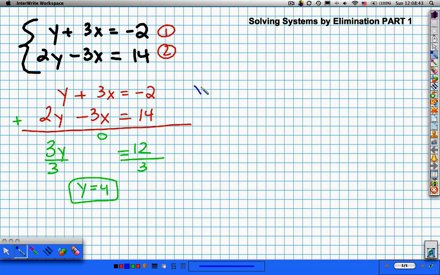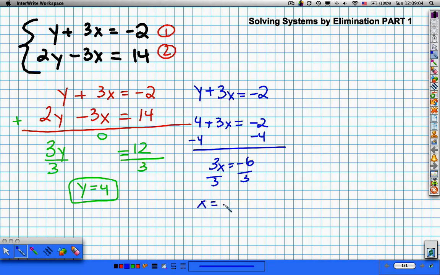So we have y plus 3x equals negative 2. So this is equation 1. I'm now going to substitute this in to solve for x. Again, use my inverse operation here. Divide by 3, another inverse operation. X equals negative 2.